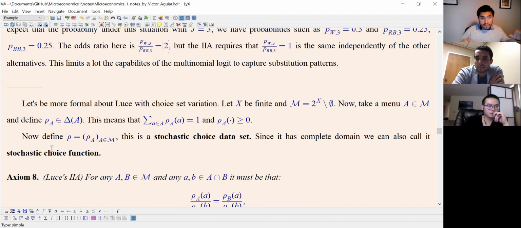As a small story, when I was on the market looking for a job and eventually ended up at Western, I was interviewed by Uber, right? To become part of the demand analysis division. And basically they send you a kind of problem set to get a job. That problem set involved trying to predict, with a discrete choice model, the probability of taking a ride, right? Given a set of characteristics.